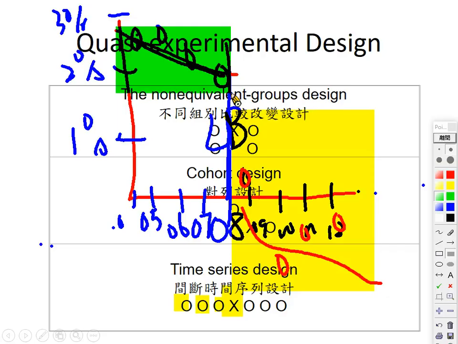And here it's very important to keep in mind: how can you use this time series design to determine the effectiveness of the treatment toward the observations? You have to use literature. In this case, we say that the bankruptcy of Lehman Brothers has caused the economic crisis, right?